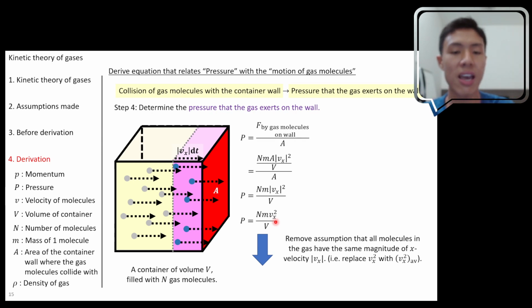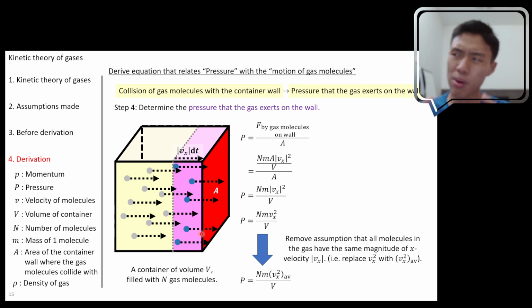Instead of finding the average of V, we are getting the average of V squared, which will not be 0, because a squared value must be positive. So now it becomes V squared average, but with an x component, because we are still restricting the discussion to this right wall over here.